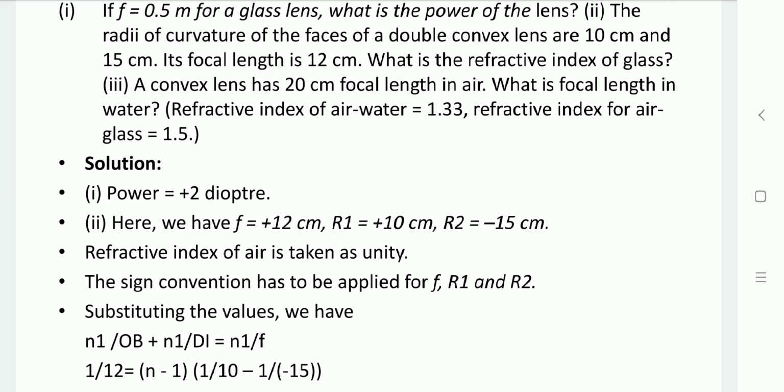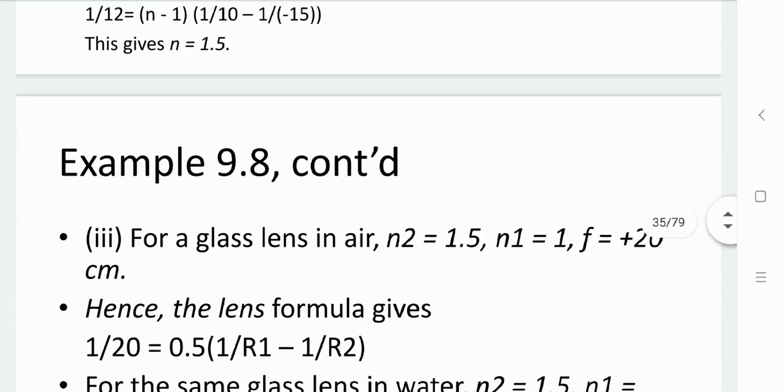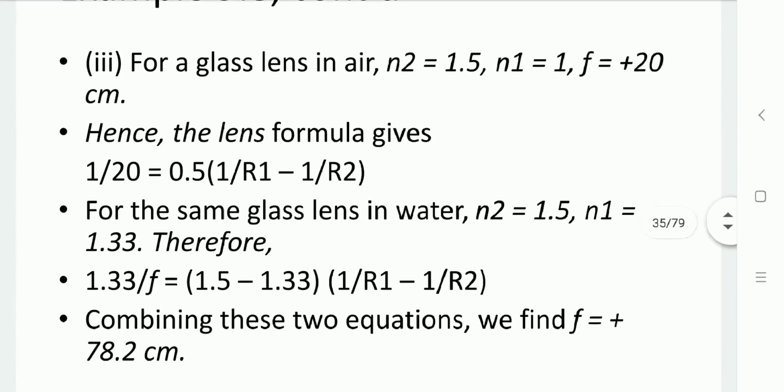Now the third case, for a glass lens in the air, N2 equals 1.5, N1, that is the refractive index of air, is 1, and the focal length is 20 centimeter. So apply the lens formula and place these values, that 1 upon 20 equals 0.5, 1 by R1 minus 1 by R2.